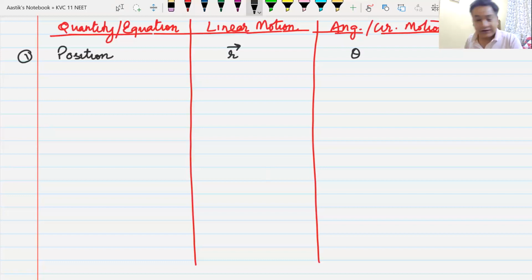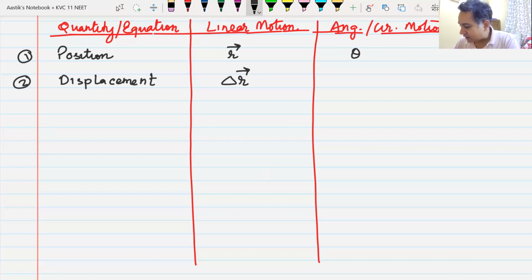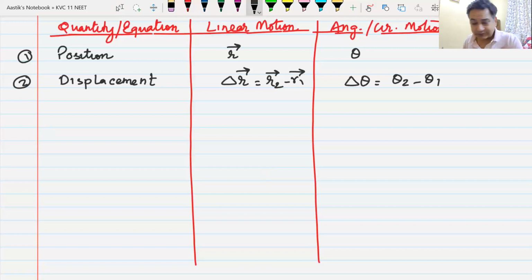Here we are calling it theta. Do we understand this? Here it is known as angular position. There it was known as position vector. The second thing was displacement. In linear terms, we call it change in position vector, delta r. Here we call it delta theta, which is theta 2 minus theta 1. This is final position vector minus initial position vector. I hope you understand this, everyone. Yes or no?